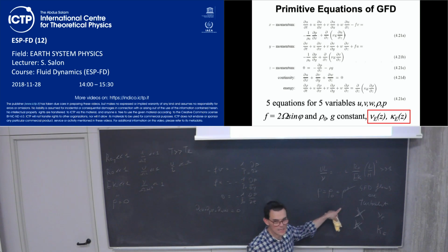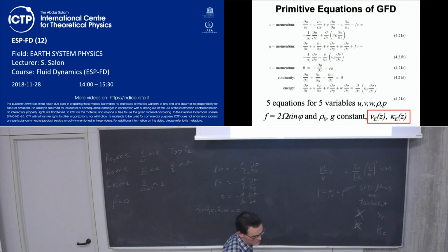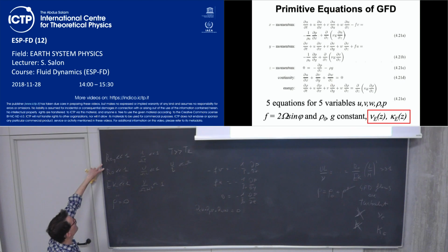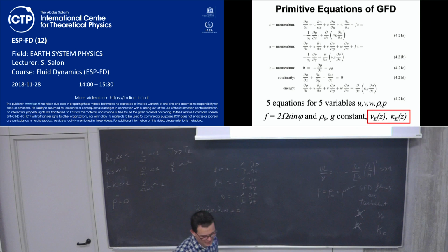When we have rho, it is actually the density variation. So: slow fluid, far from the boundary, homogeneous. Only 4 equations remain, and very easy to be solved.